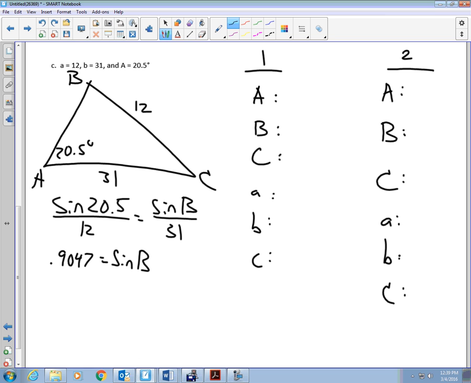Angle A will be 20.5 degrees for both of them. Side lengths, b will be 31. a will be 12.